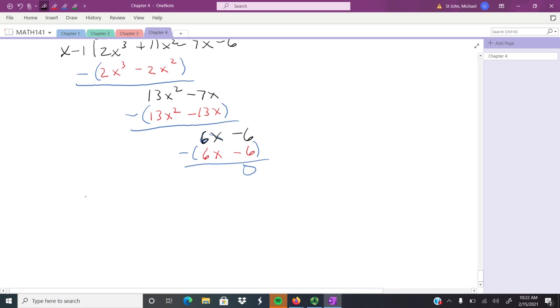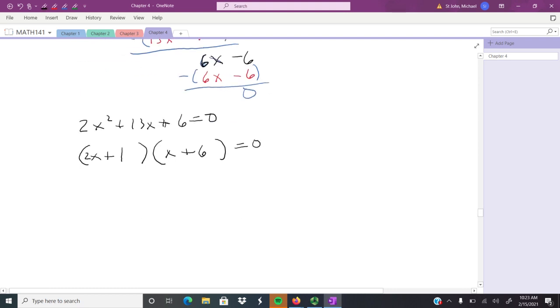So now we can look at that. When is this going to equal 0? It ends up this is indeed factorable. We're going to get a 2x plus 1 and an x plus 6. And then we can solve each one of these. Either 2x plus 1 equals 0, or x plus 6 equals 0.